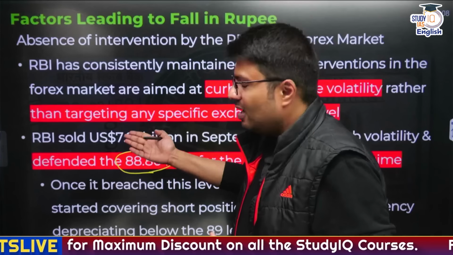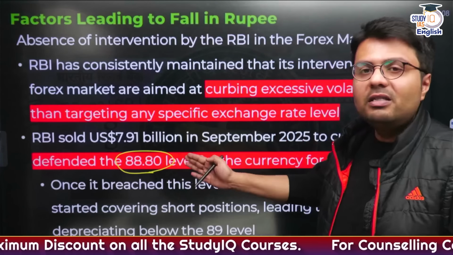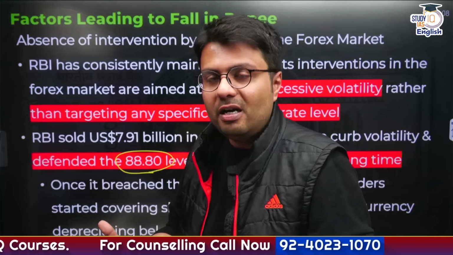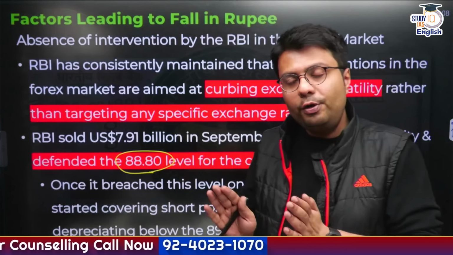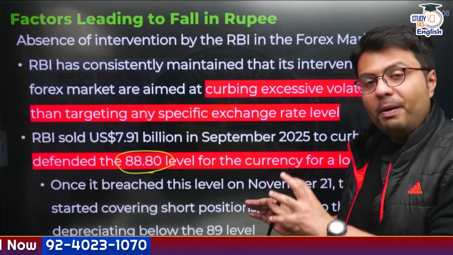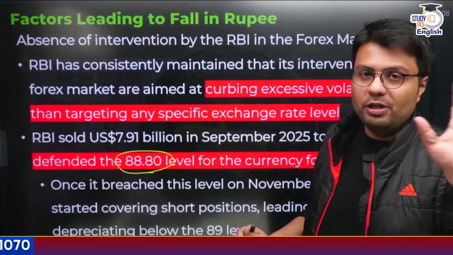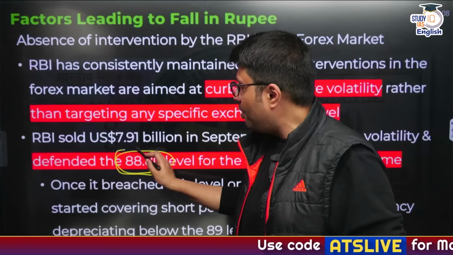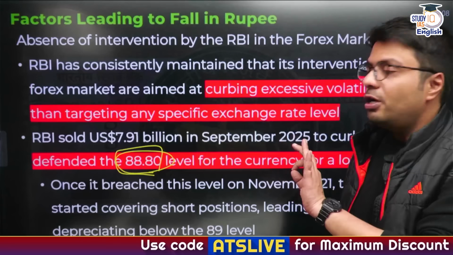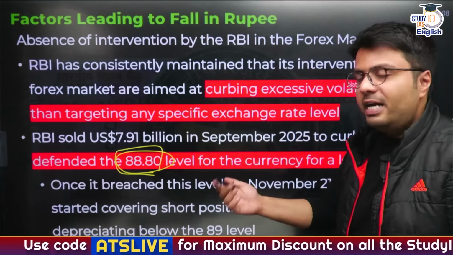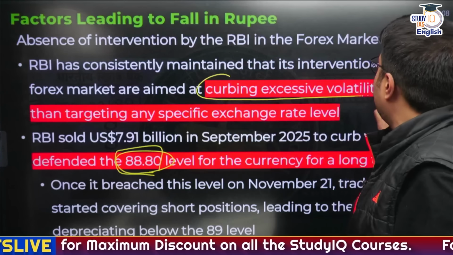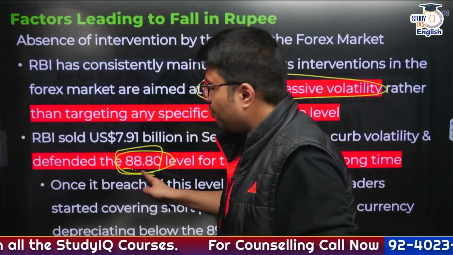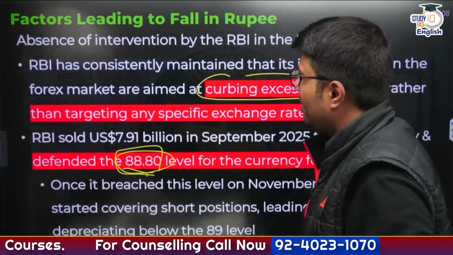But since this level broke down, the investors got negative sentiment, and as you can understand, when investments are driven by sentiment, it led to further depreciation of the rupee below the level of 89 that we have just looked at. So this is another factor: the RBI was intervening up till the level of 88.8, and the official policy of the RBI is that it only intervenes whenever there is excessive volatility. It does not target a specific rate. So when this rate was breached, it led to a fall in the value of the rupee.